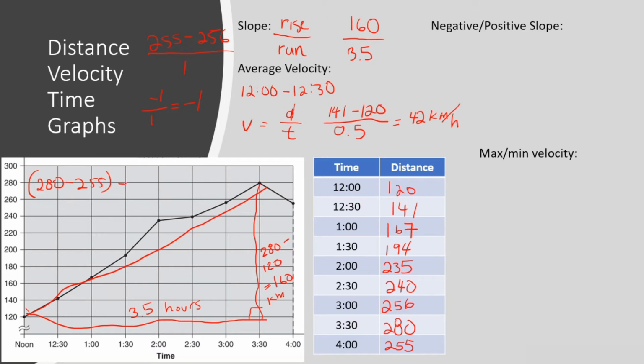And I'm going to have to add in the distance I covered, even though it was in a different direction, between 3:30 and 4, minus 256. And I'm going to make that positive. So in this case, you're going to get 25 plus 24 divided by 1. And your math should work out to 49.